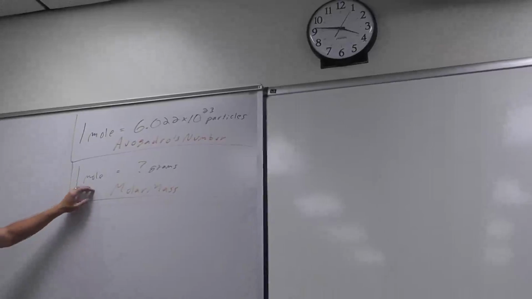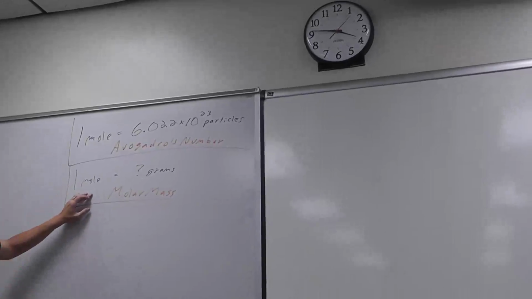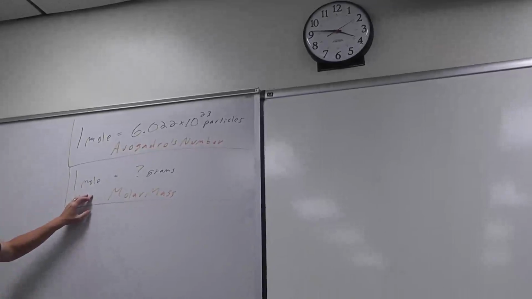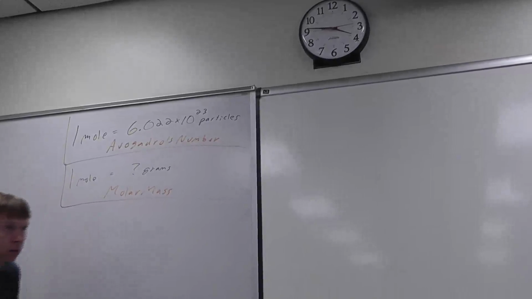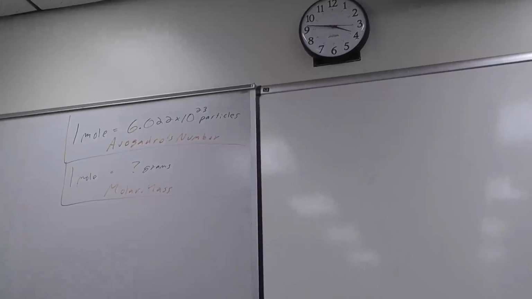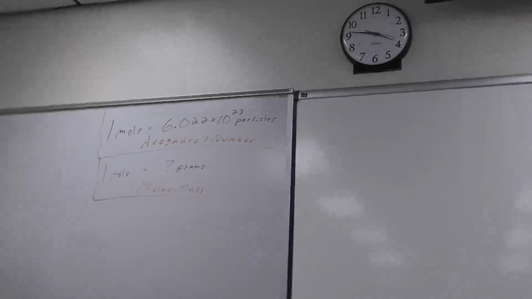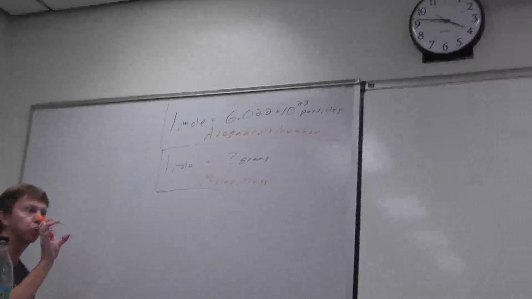Molar mass depended on who you were talking about, and those were numbers we got off the periodic table. A mole of carbon would be 12.011 grams. A mole of magnesium, 24.305 grams. Those are molar masses.